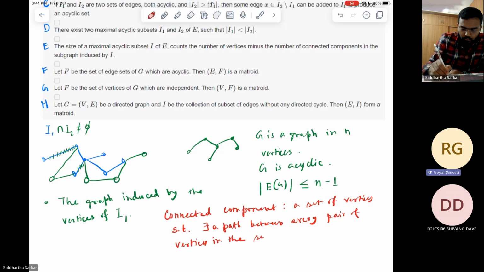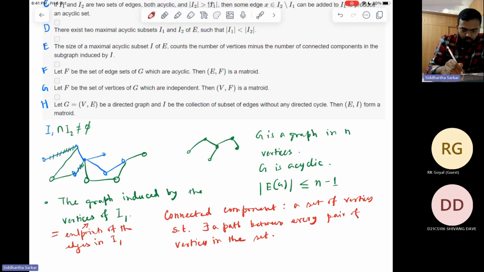And what is this graph, which is induced by the vertices of I1? I1 is a set of edges. So when I say vertices of I1, I mean the endpoints of the edges in I1.